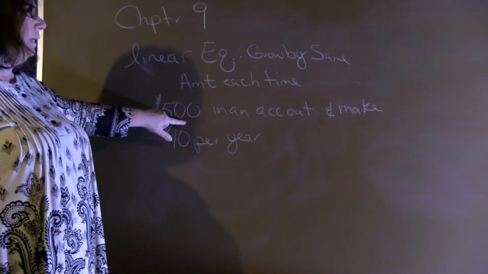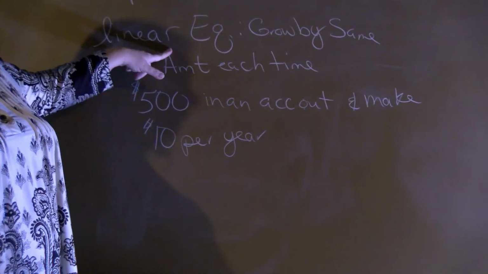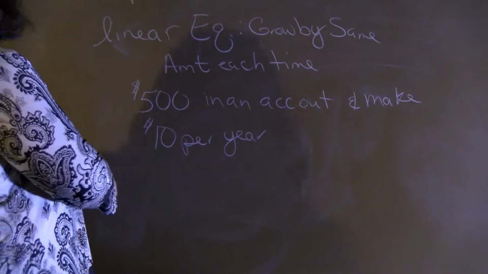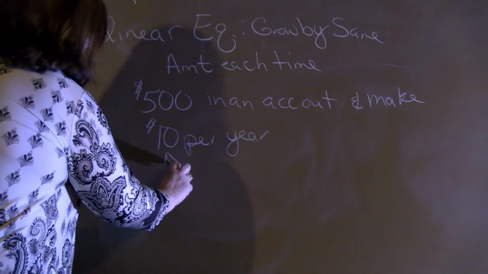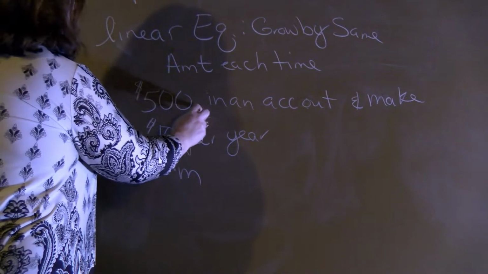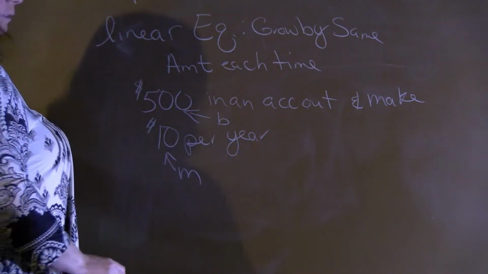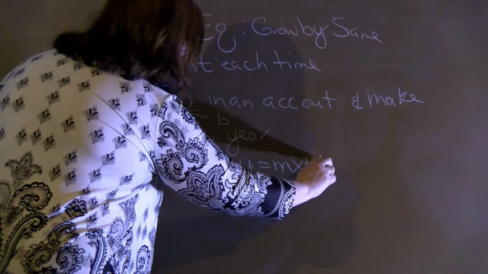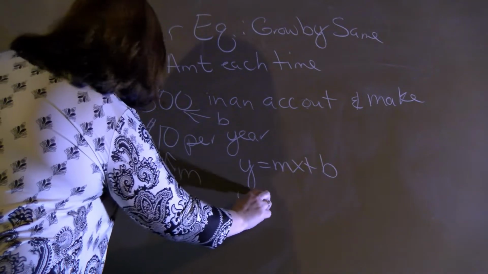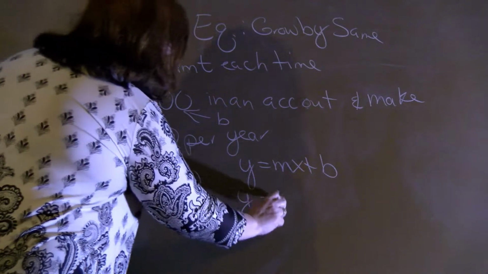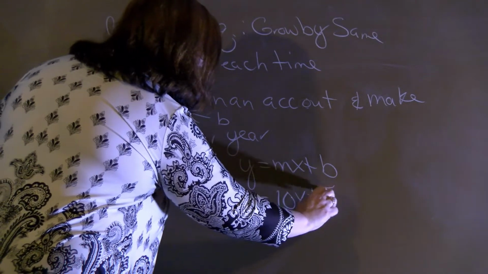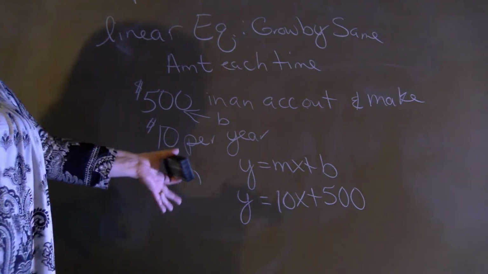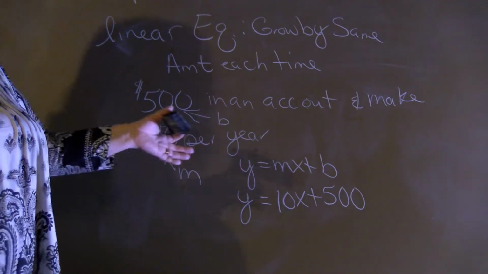And so that makes it linear because it's growing by the same amount. Now if we wanted to write this as an equation, remember the rate of change is your slope and your starting amount is your y-intercept. So y would equal our slope of 10x plus our starting amount. And that's what we had worked on right before break.